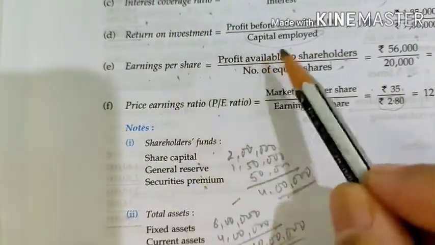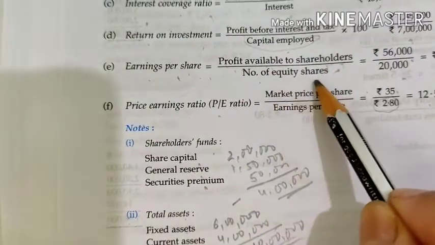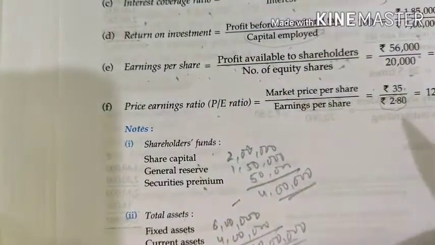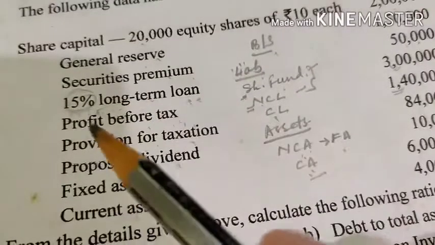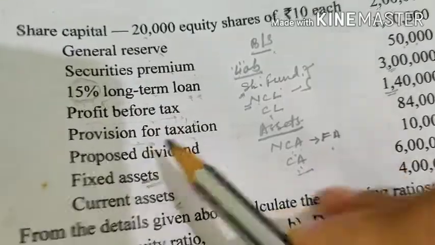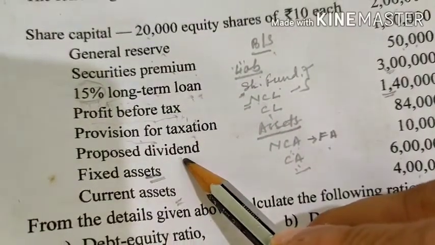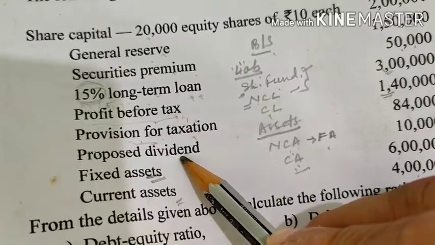Earnings per share formula is profit available to shareholders divided by number of equity shares. Now let's understand how to calculate profit available to shareholders. Now in the question, what is given to you here is profit before tax, PBT, and provision for tax. These two components are there. There is no dividend here; the proposed dividend is the dividend for the equity shares. This is just proposed, it is not paid.